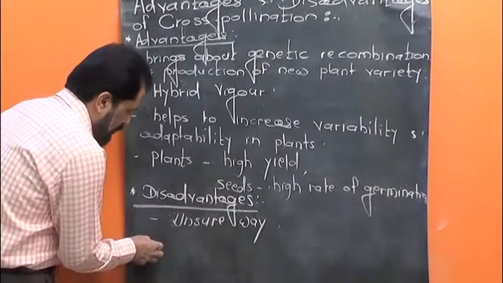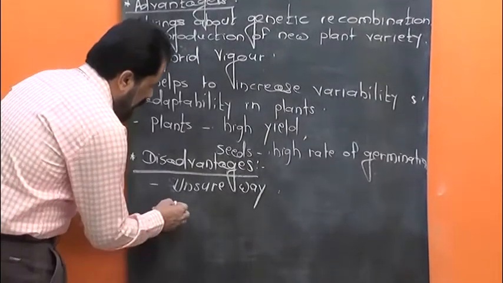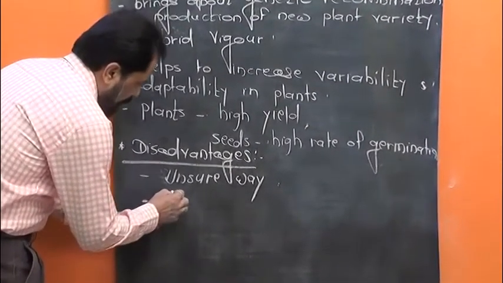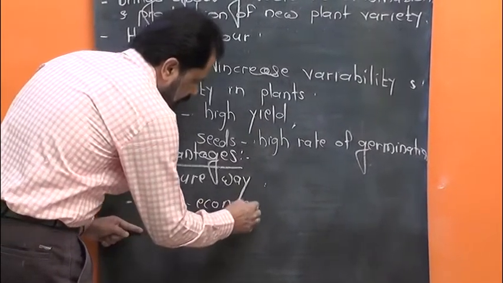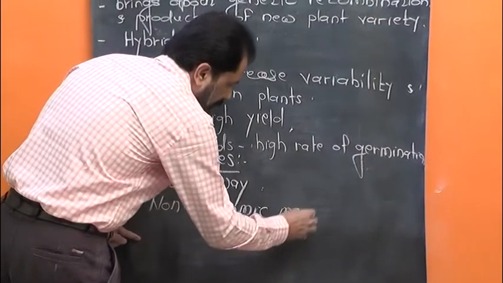Second disadvantage is that cross pollination is a non-economic method.